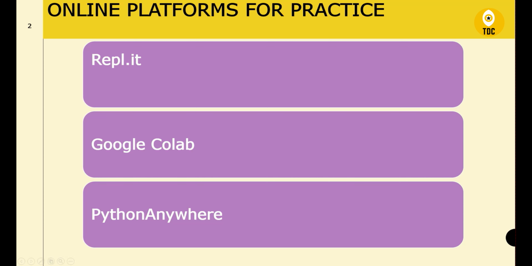It has a simple and intuitive interface for beginners and any kind of learners, and it allows multiple users to collaborate on code in real time. So that is important, right? If you are working on a common project, maybe an academic project or something, in that case you can collaborate with your co-worker or any other friend who is working along with you.